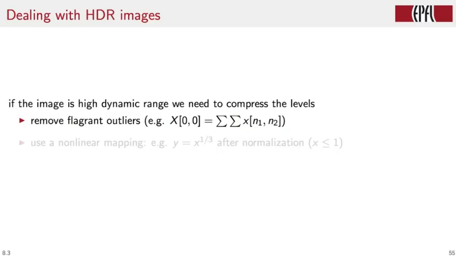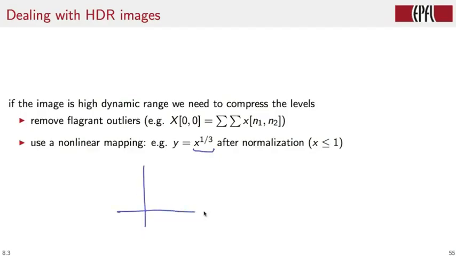First, we remove the flagrant outliers. For instance, the value of the DFT in 0, 0 is simply the sum of all pixel values. Now, for a grayscale image where all pixels are positive values between 0 and 1, say, this will be definitely a large value with respect to any other coefficient. And then to remove the tail, we use a nonlinear mapping. For instance, we use a curve like x to the power of 1/3 after normalizing all values between 0 and 1.